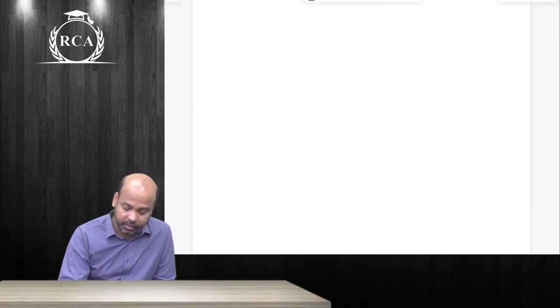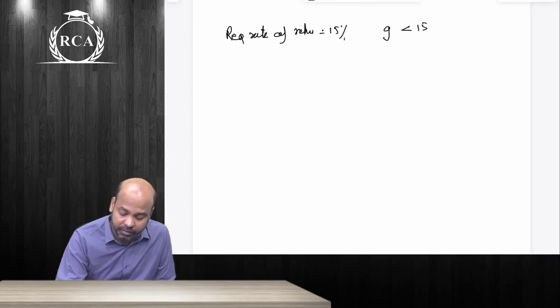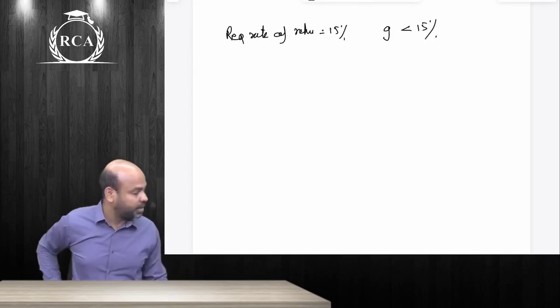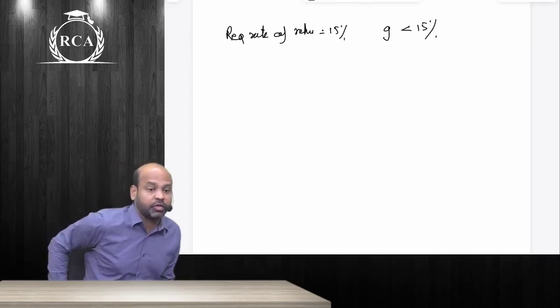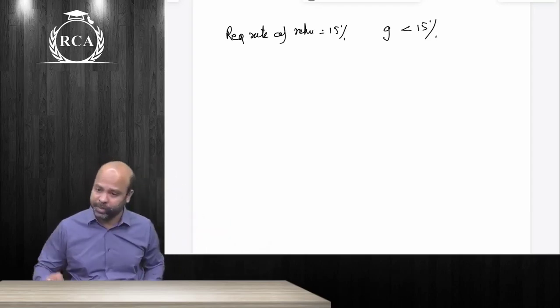Just let me write. If your required rate of return is 15%, the growth rate should be less than 15%. Only then will I be able to use the formula of constant growth perpetuity. Otherwise I cannot use it.